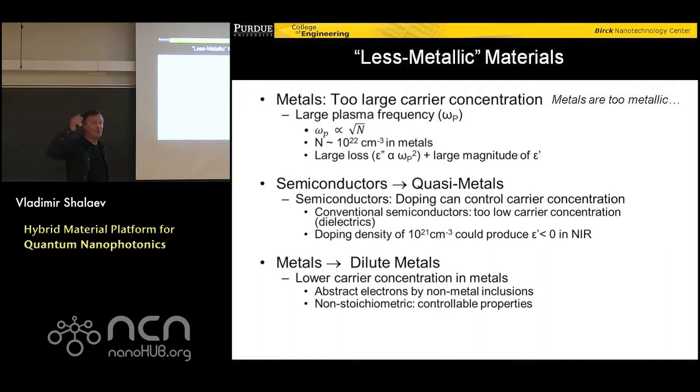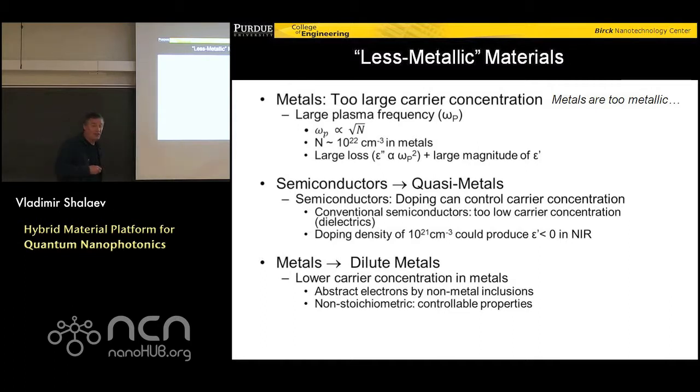Remember, epsilon prime and epsilon double prime are proportional to the plasma frequency squared, which means they are proportional to the charge carrier density. With gold and silver, you have about 10 to the 22 per cubic centimeter. That's why you have a real part as large as -100 at telecom wavelengths, but also a very large imaginary part, because it's also proportional to the plasma frequency squared.